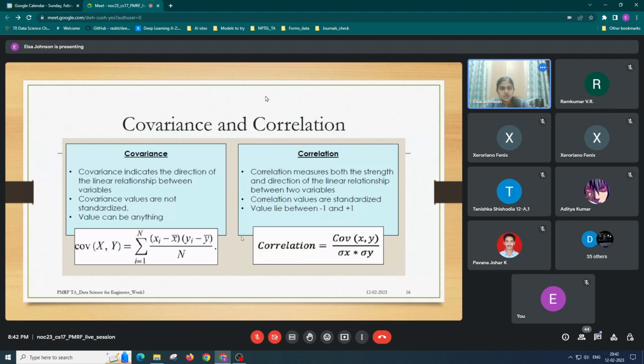Covariance values are not standardized. Correlation measures both the strength and direction of the linear relationship between the two variables. Correlation is covariance of x, y divided by sigma x into sigma y.